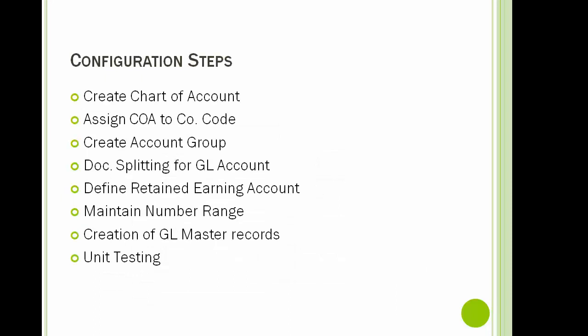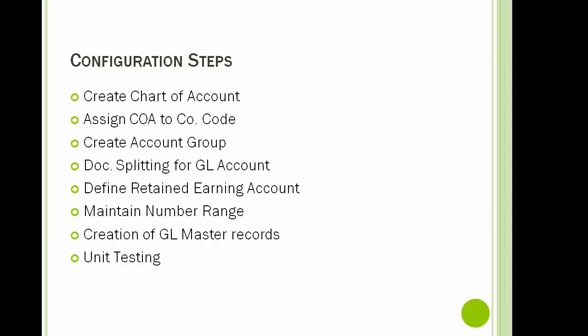Now we have covered all the points, and we will be moving up in the SAP system. We'll be doing each and every configuration one by one. The configuration steps are as here.